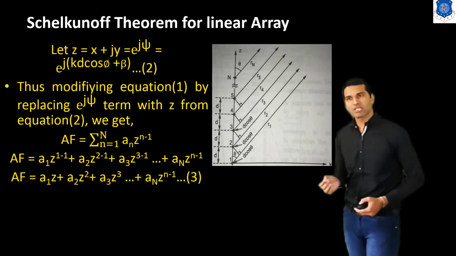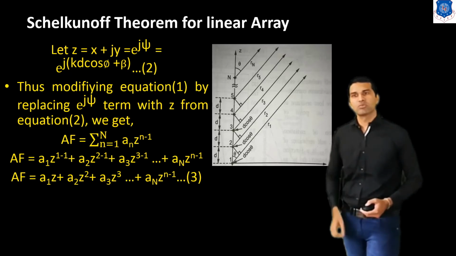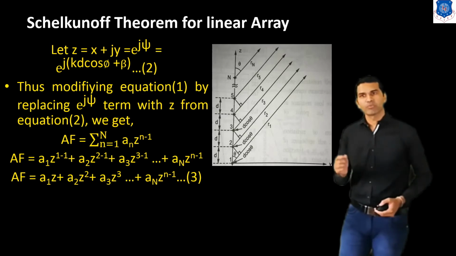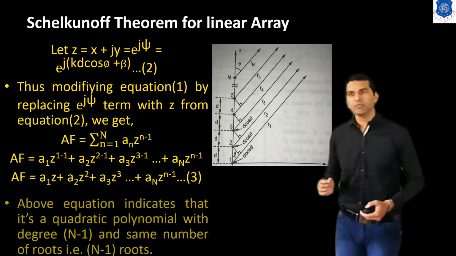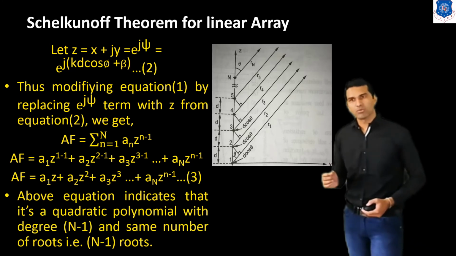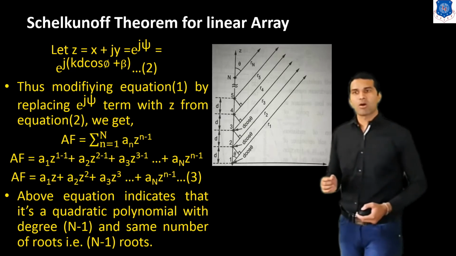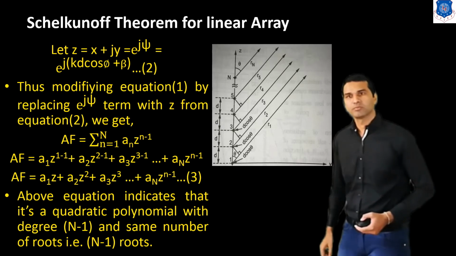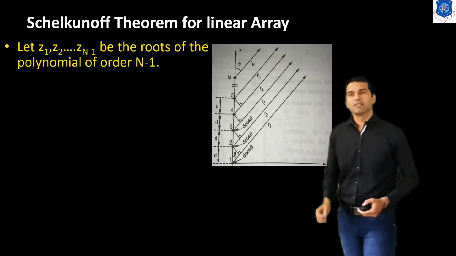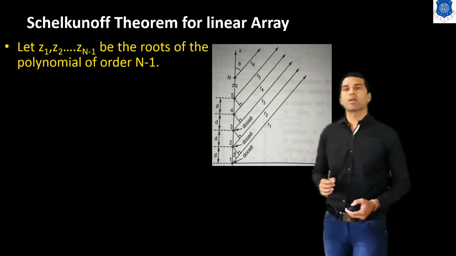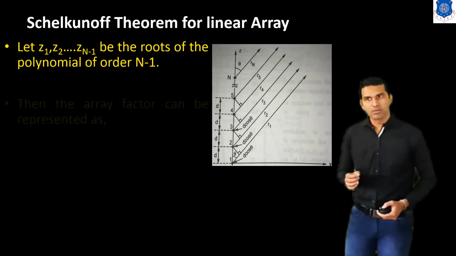So we can write this equation as a1 plus a2 z plus a3 z squared up to a_N z raised to N minus 1. The above equation indicates a polynomial of degree N minus 1 with the same number of roots, that means N minus 1 roots. Let z1, z2, up to z_(N minus 1) be the roots of the polynomial of order N minus 1.